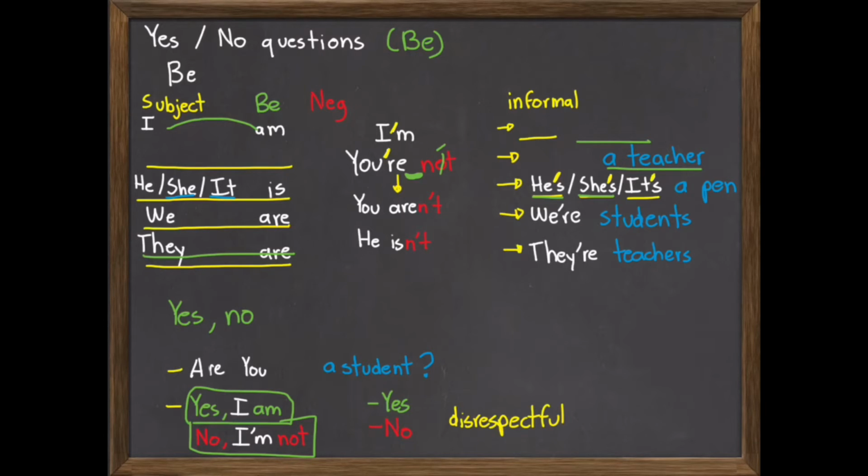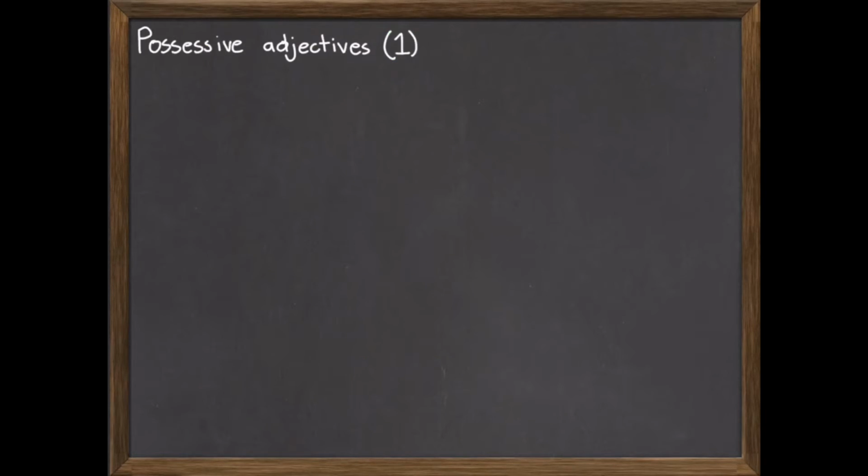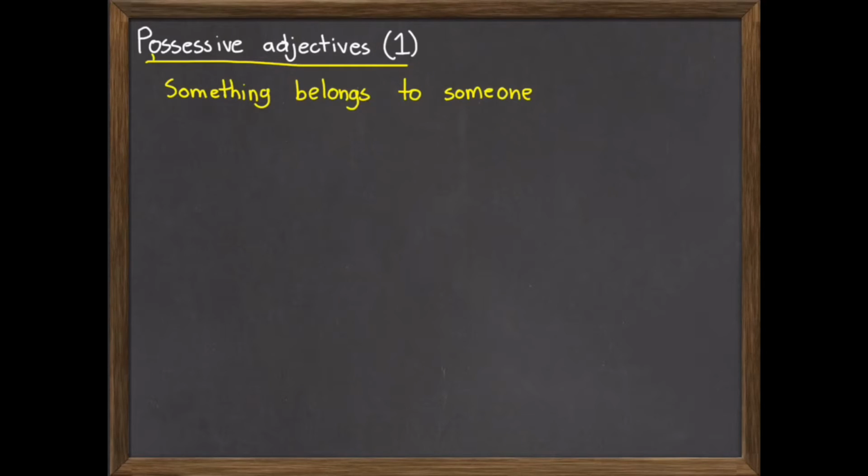Okay, so those were the yes or no questions. Now let's look at the first part of the possessive adjectives. Possessive adjectives are used to show when something belongs to someone. They're used to show possession, as their name suggests. Now, we're going to look at just 3 possessive adjectives.